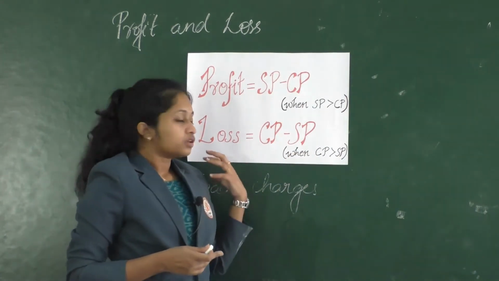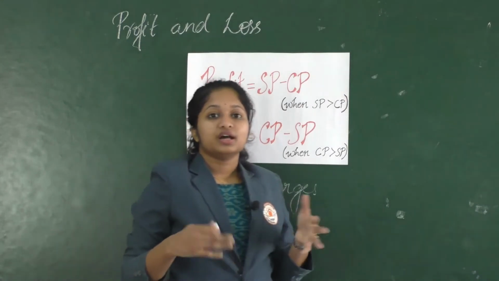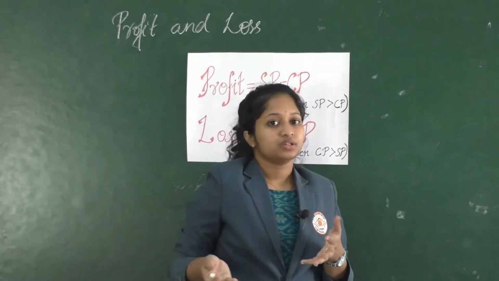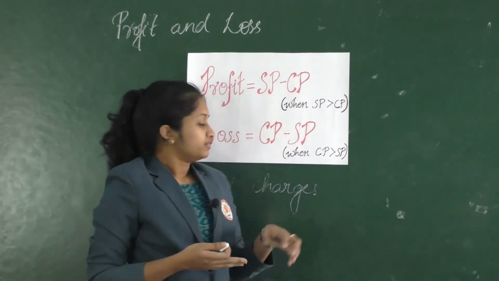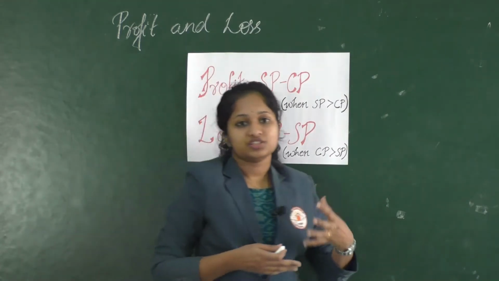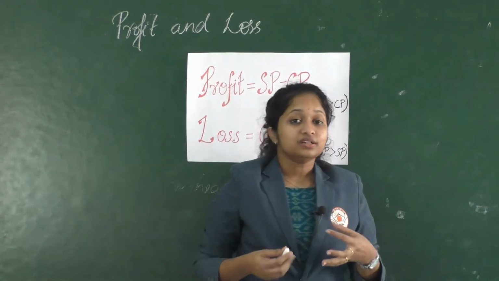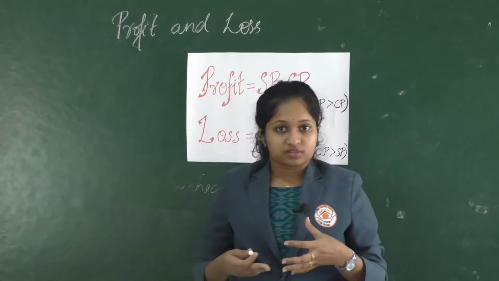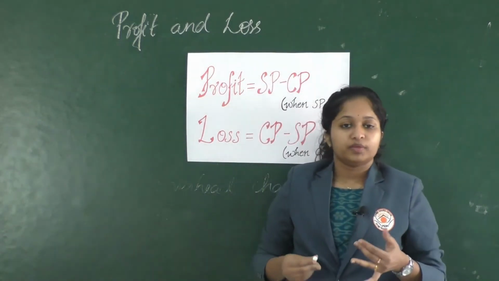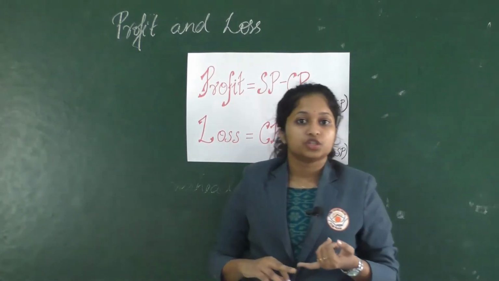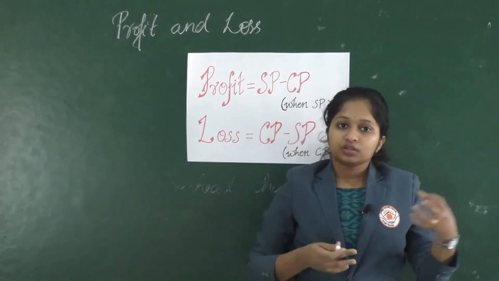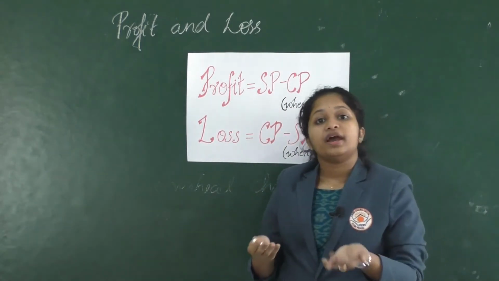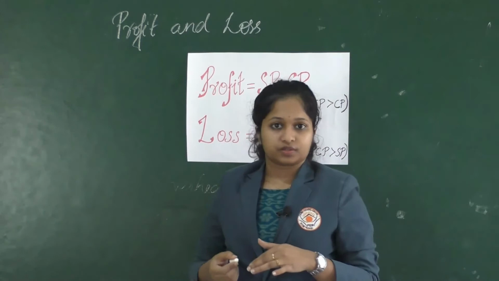So when cost price and selling price are equal, what happens? There is no profit and there is no loss. And there is something called overhead charges. That is the additional expenses made by the seller, maybe for transport or maintenance or repair. So all these charges will be added to the cost price.